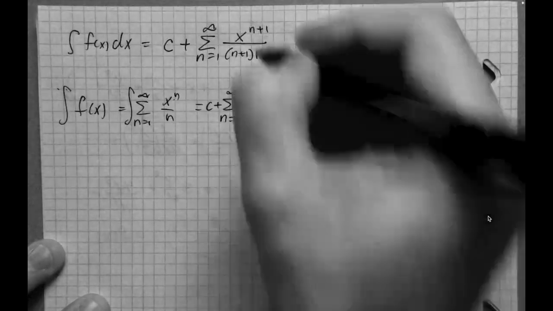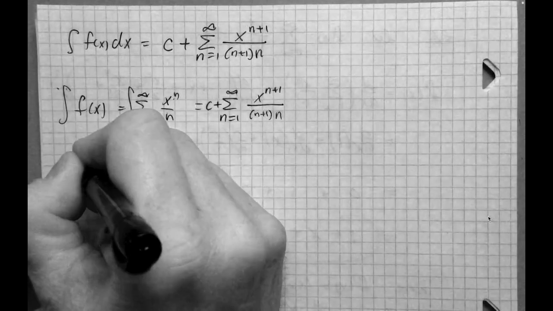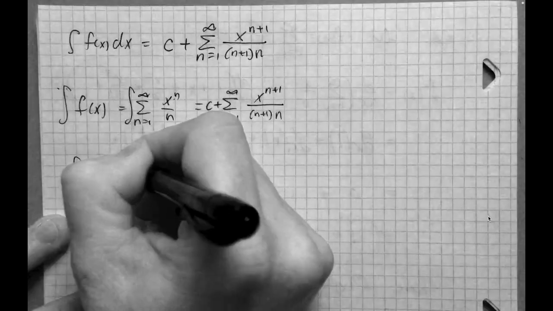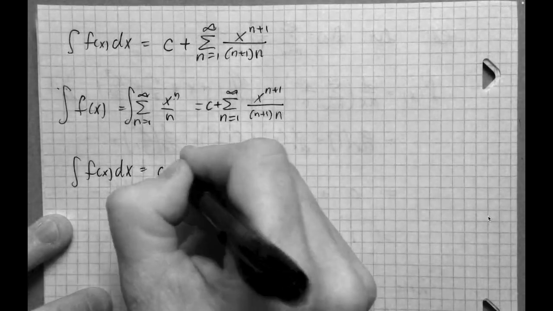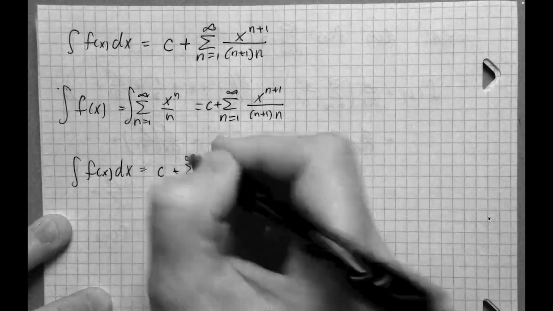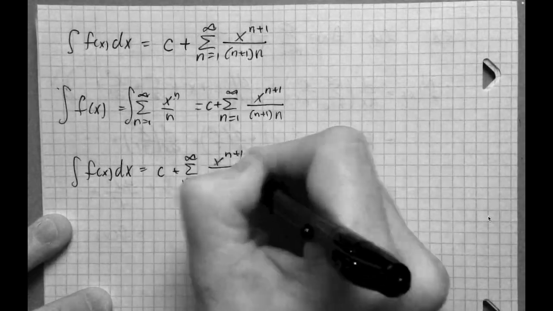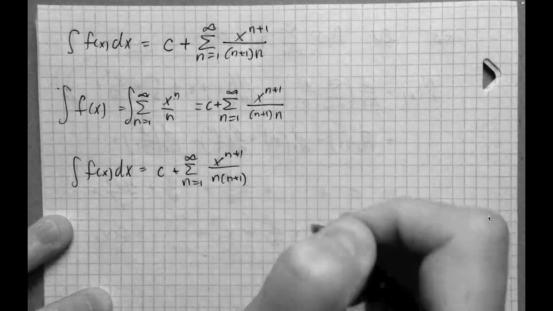So the integral of f of x dx is equal to the sum from n equals 1 to infinity of x to the n plus 1 over n times n plus 1.